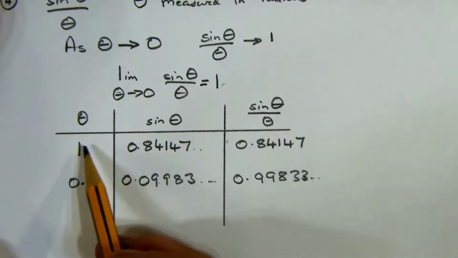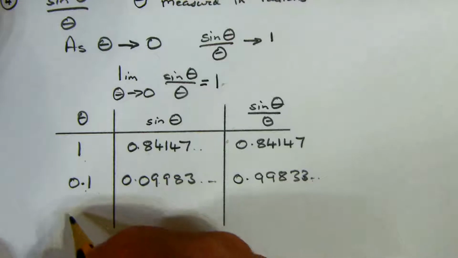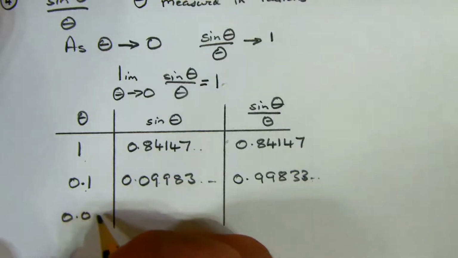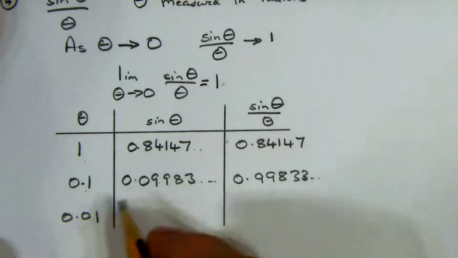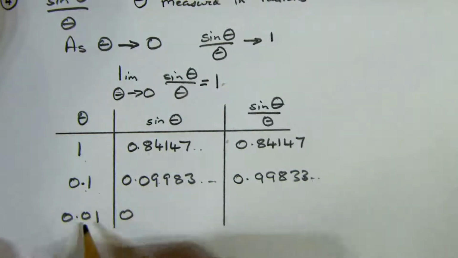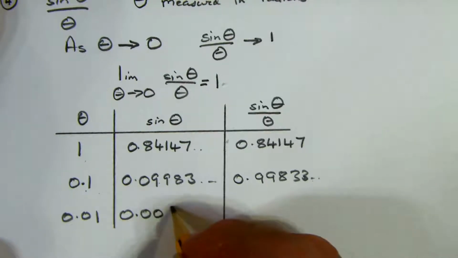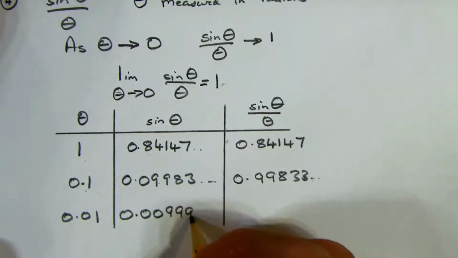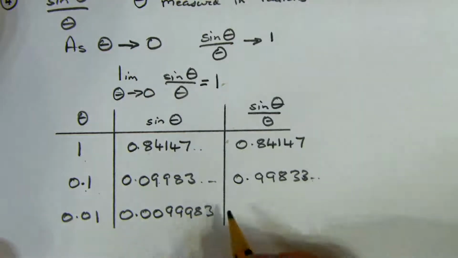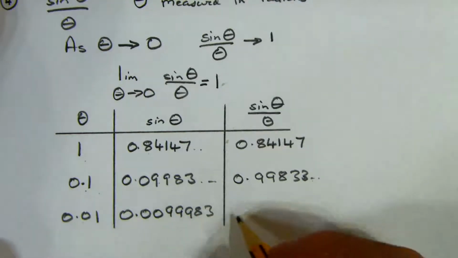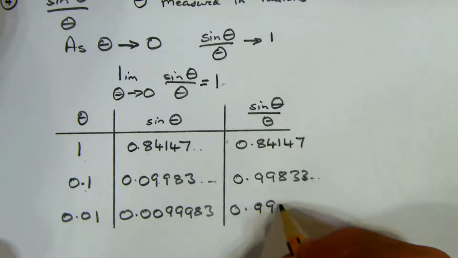Let's tend this more towards 0. So let's go for an even smaller value of theta measured in radians. The sine of that is going to be 0.0099983. Divide by that, it's going to give us 0.99983.